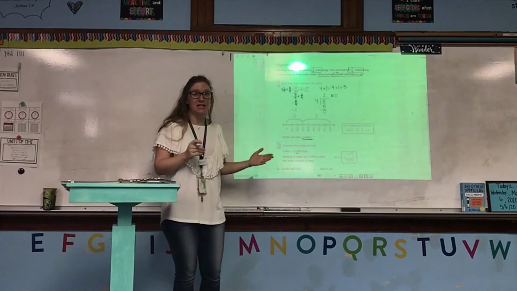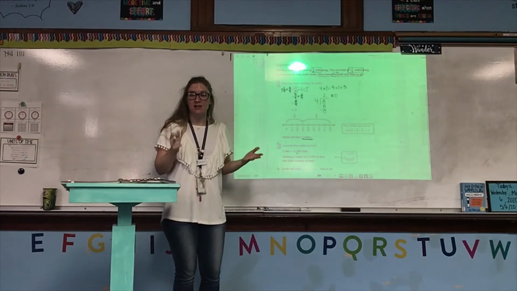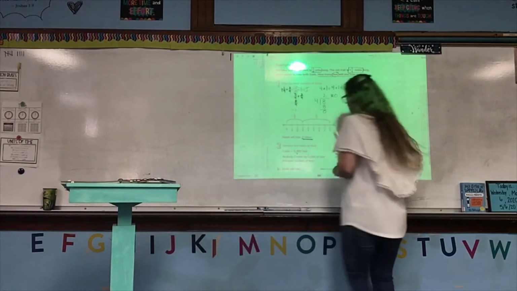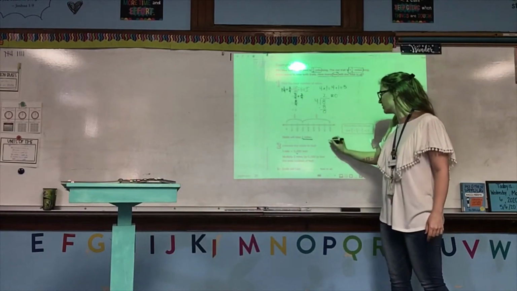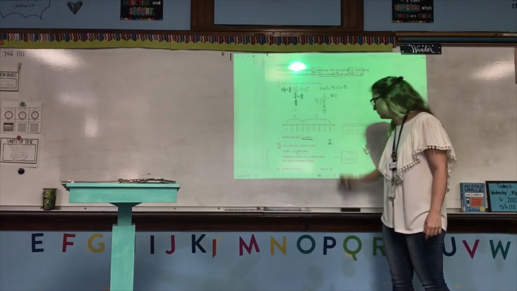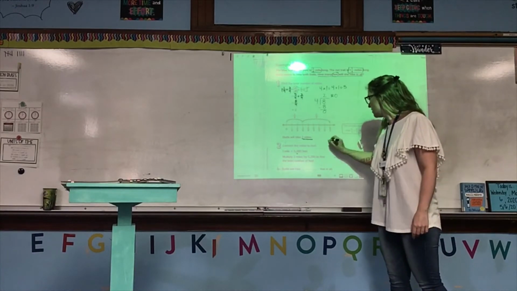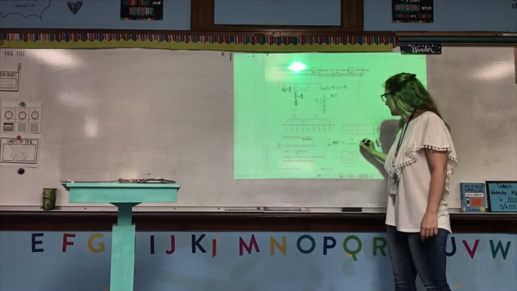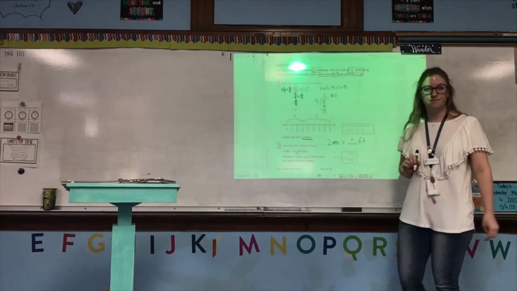We know she's hiking 2 miles, but that doesn't tell us how many feet she's hiking. So what that means is we are trying to find, make sure that you write this, 2 miles equals how many feet?